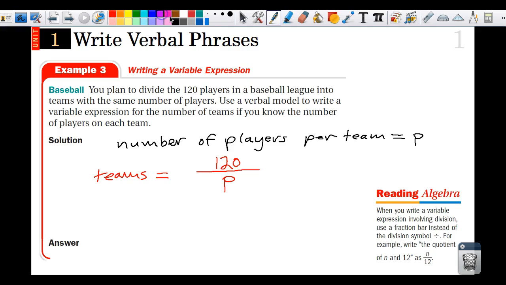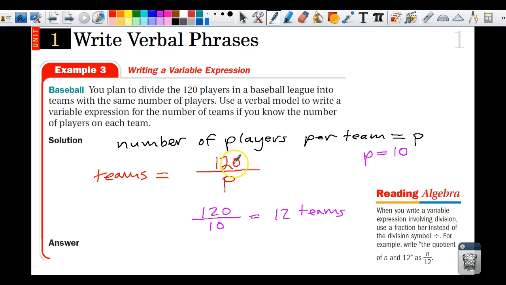Let's give an example just to help make sense of this. Let's evaluate P to be, I don't know, 10. Let's say there are 10 players on a team. So if there are 120 players and each team has 10 players, that means there are 12 teams. So that's how this expression works.